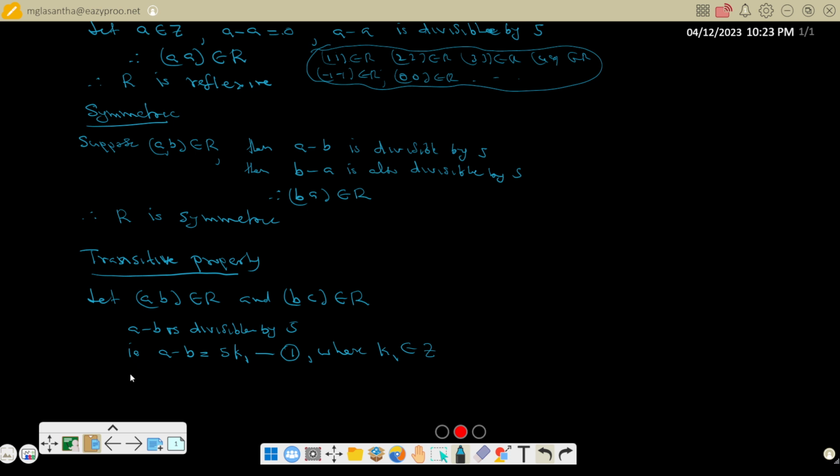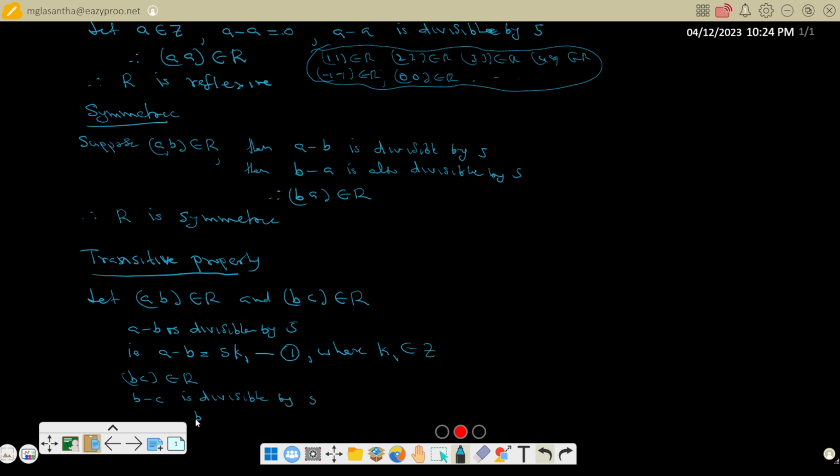Then (b, c) belongs to R means b minus c is divisible by 5.